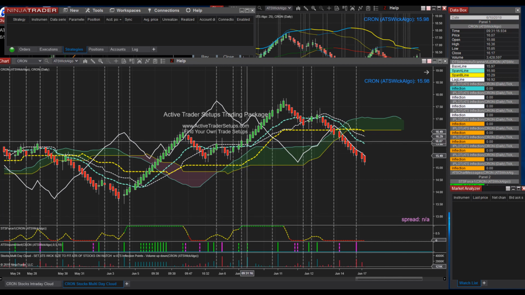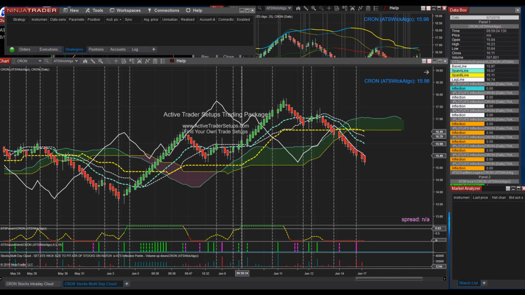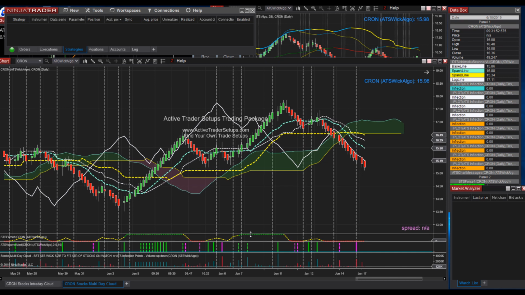The next morning it didn't gap up, it just opened about where it closed. This is 931, 935, 1015, and it had another good day. So this is the kind of stuff you're looking for, along with our force indicator, and applying it to multi-day or creating your watch list for tomorrow.